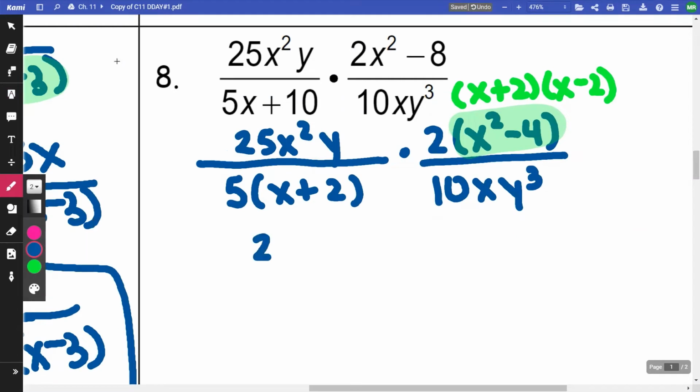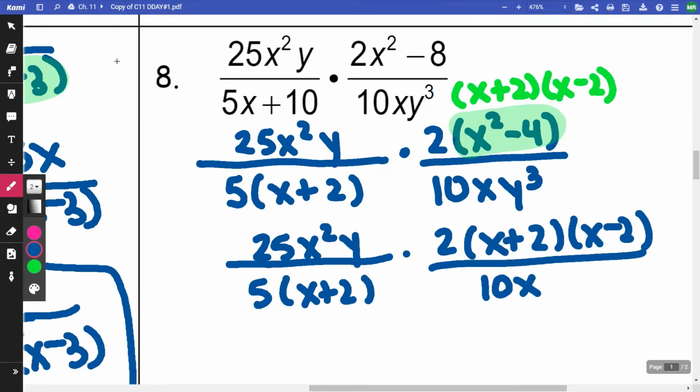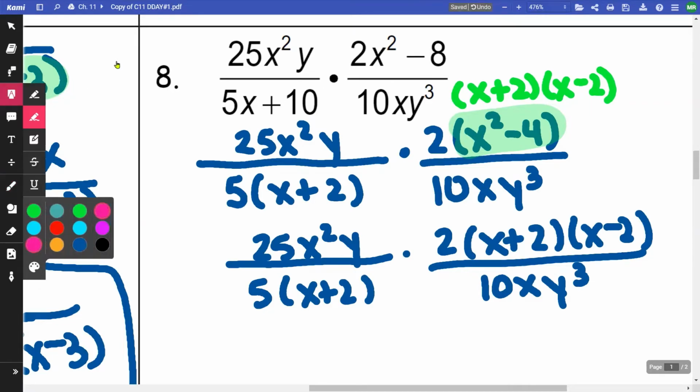So let me just rewrite this. So I have a 25x squared y. I have a 5 times x plus 2 times 2 times x plus 2, x minus 2 over 10xy cubed. So let's see.